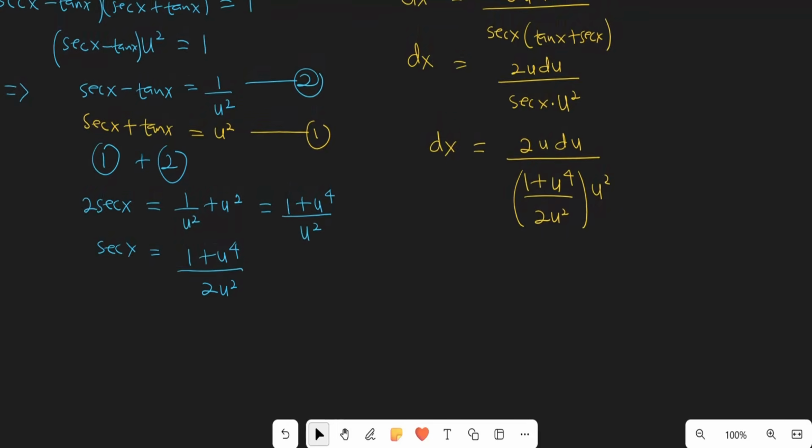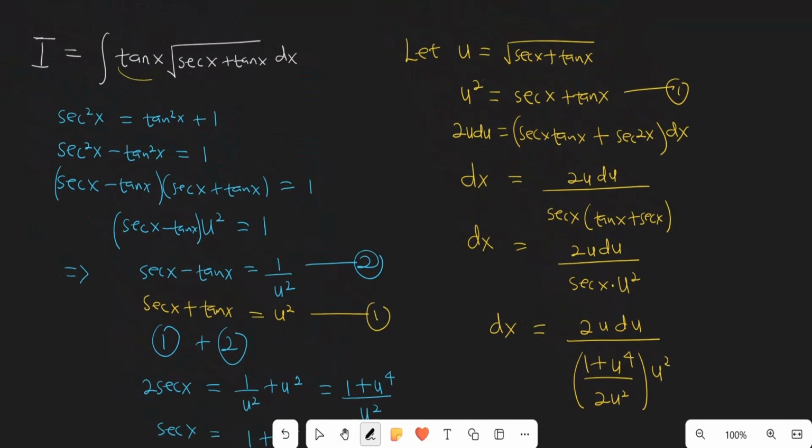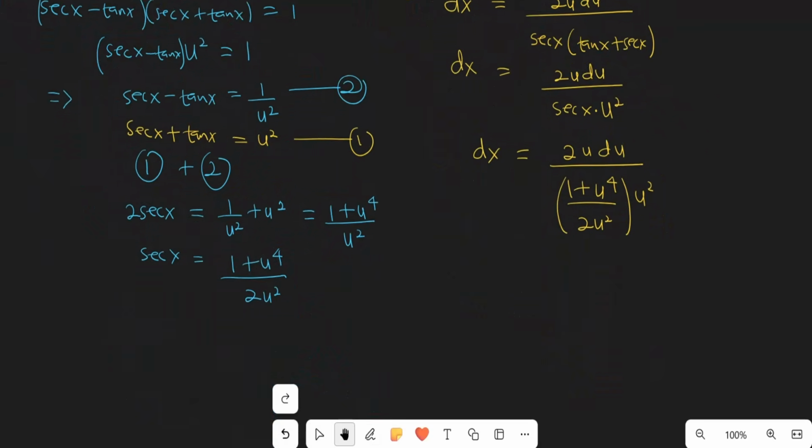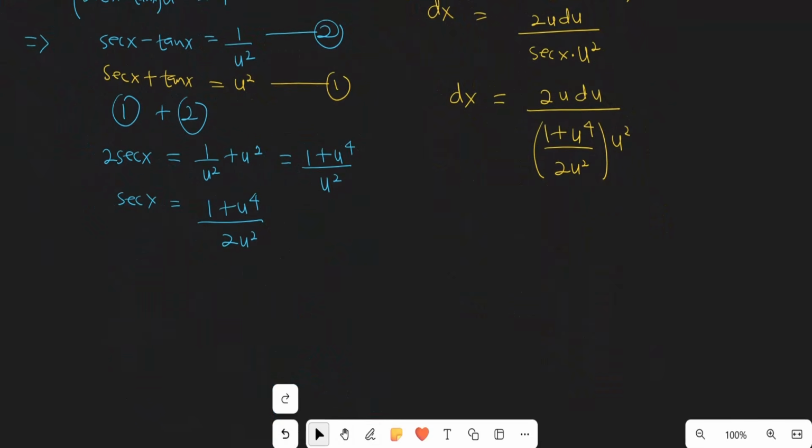Now let's find an expression for tangent of x in terms of u, that is from here. To get the tangent of x in terms of u, what you have to do is subtract equation 2 from equation 1. So I'm going to say equation 1 minus equation 2.